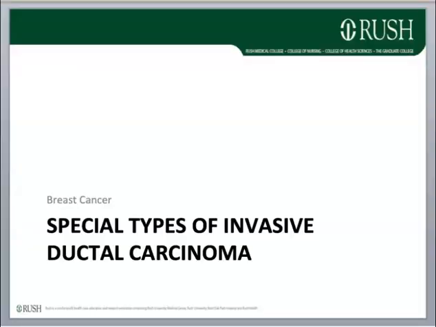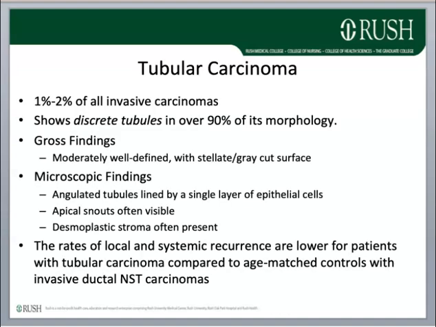It's important to be aware of some special types of invasive ductal carcinoma. These are a time-honored favorite of Step 1 type questions. Tubular carcinoma, you can see, is an uncommon form of invasive ductal carcinoma, only diagnosed in about 1 to 2% of all invasive carcinomas.